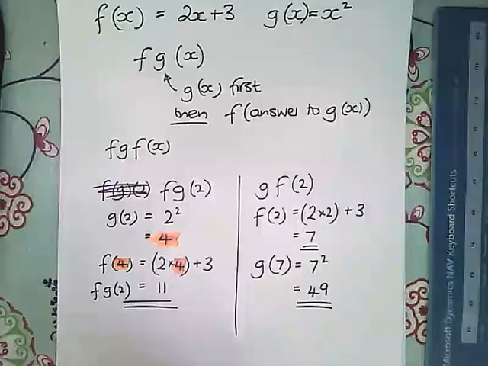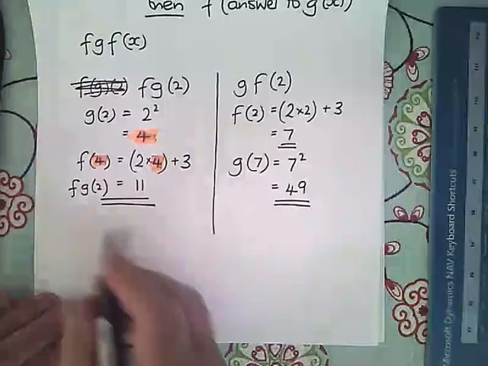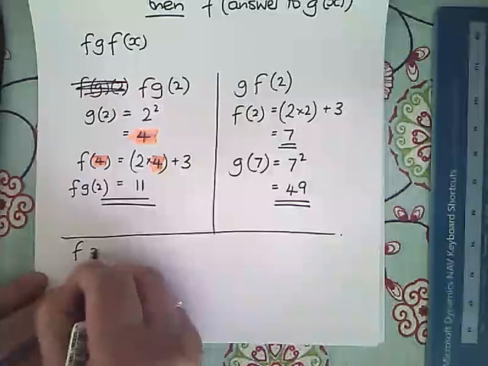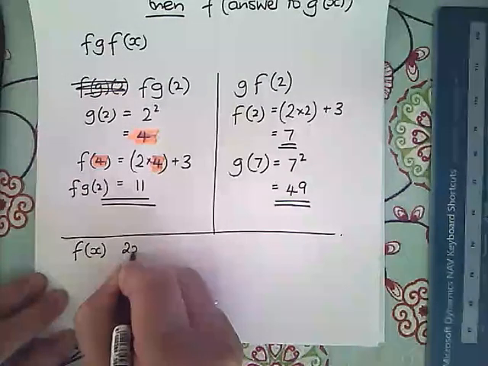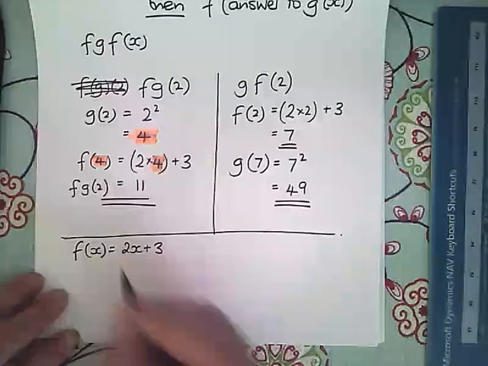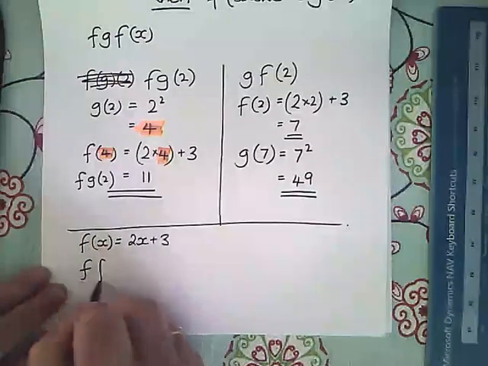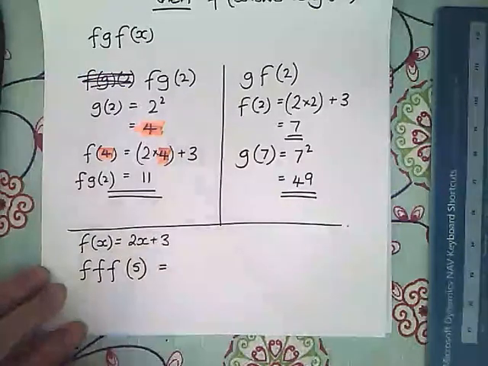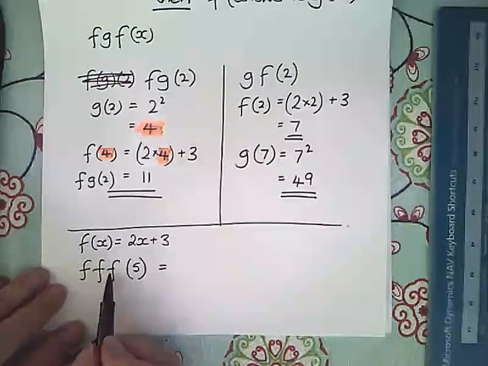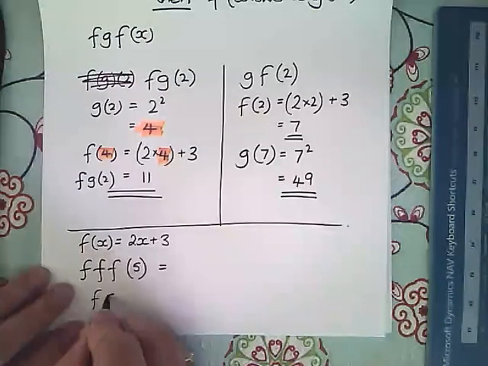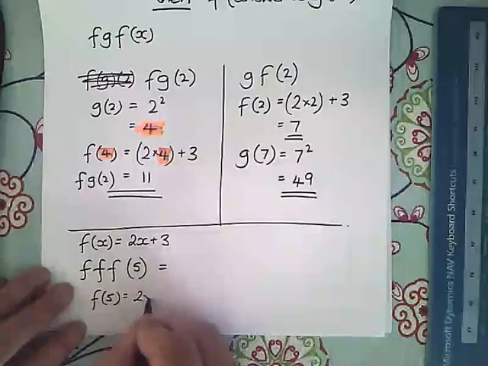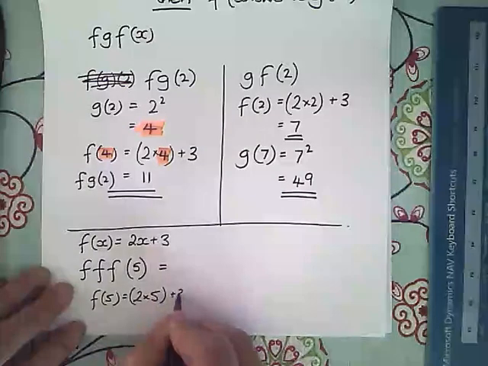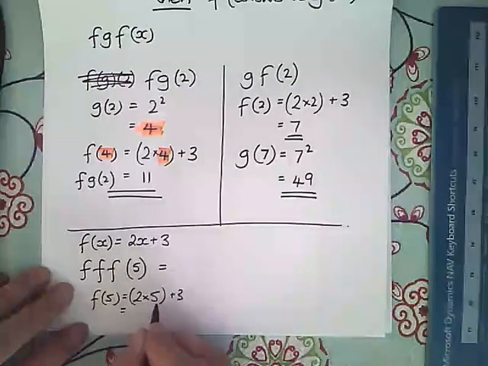I'm just going to do one where we have 3 lots of the function, and you can see how that works. So we're going to keep the function f of x as 2x plus 3, and I'm going to do fff of 5. I'm going to do f of 5 first of all. So f of 5 is equal to 2 times 5, then add 3. So 2 times 5 is 10, add 3 is 13.